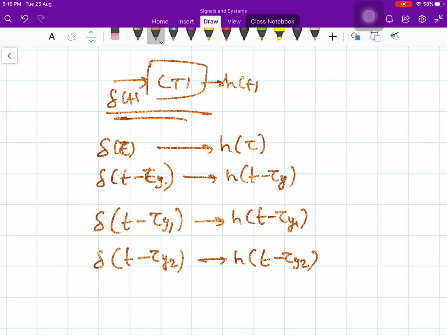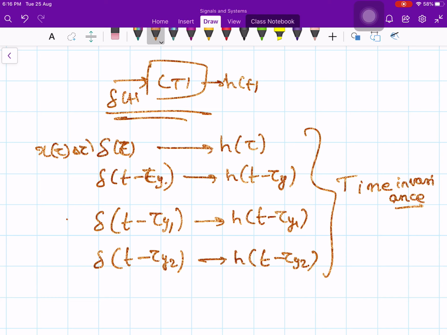Why is this true? Because of the time invariance property, which we are assuming. If the input is delayed by a certain amount, then the corresponding output also will be delayed by the same amount. And if the input is multiplied by its area, let's say here it is multiplied by x of tau into del tau, then this is also multiplied by the same factor by the homogeneity property, because del of t gives rise to h of t.